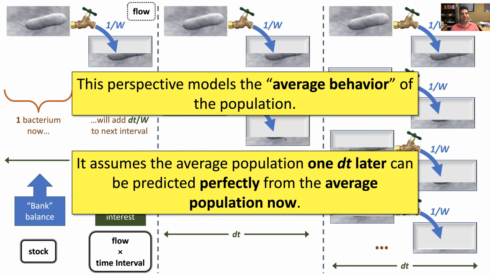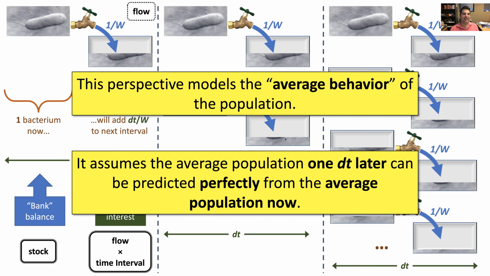And so from this perspective, we're saying that if we know what the average population is at one time step, we're assuming that we can predict perfectly what the average population will be at the next time step. So we are okay with needing these sort of perfect predictions in our deterministic model, because we're not saying we're modeling the actual populations.